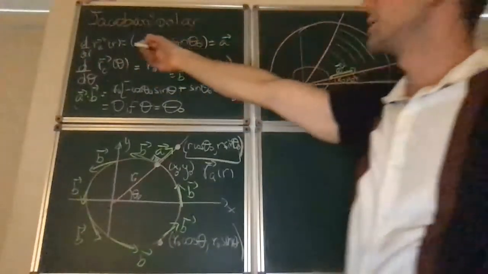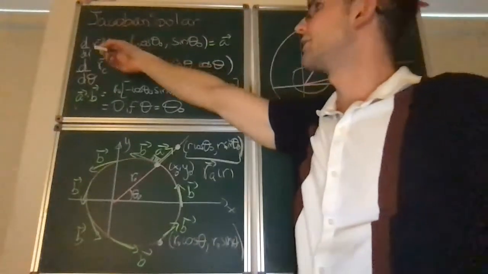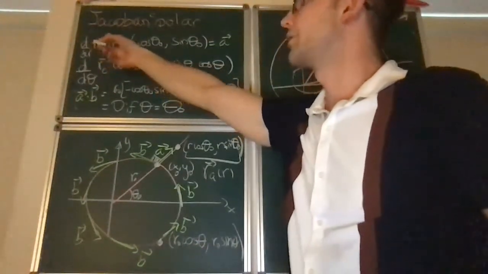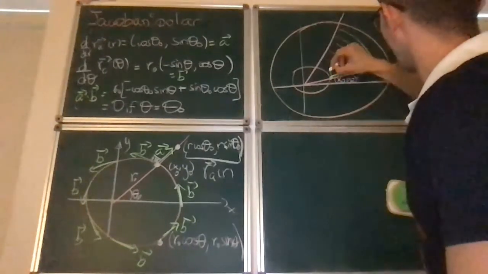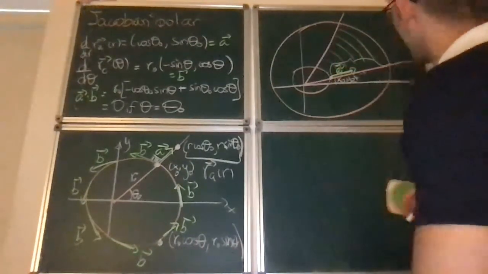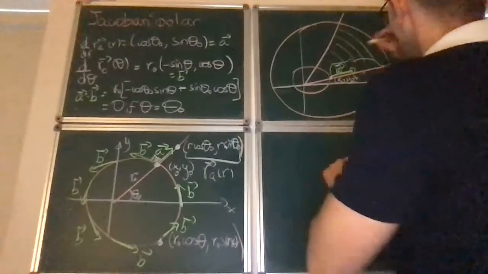So instead of delta t, you would talk about delta r. So in some amount delta r, you moved a times delta r.